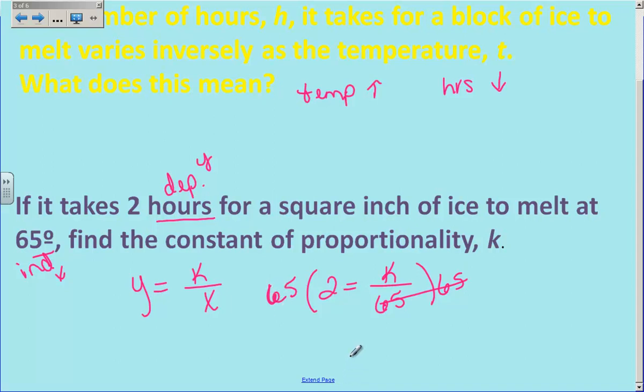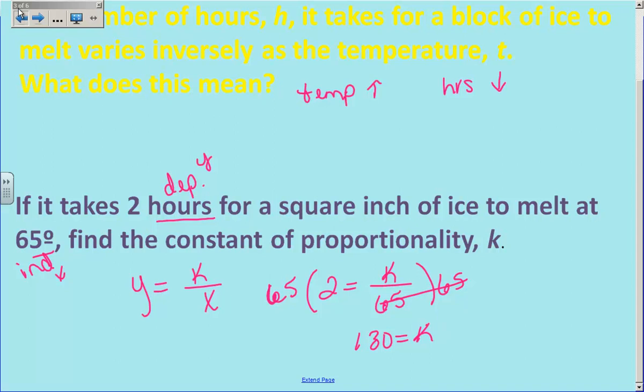And when I do 65 times 2, well, 60 times 2 is 120. 65 times 2 will be 130. So my constant of proportionality is 130. And what that means is it's my rate of change. It's how fast or how slow that ice cube is going to melt. And so in this case, we just call it the constant of proportionality, and it's 130.